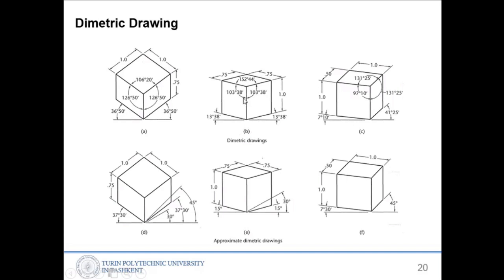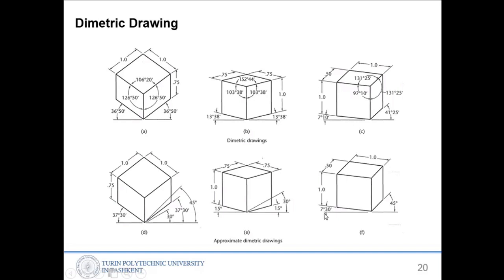So this is an example of the dimetric drawings, with 2 sides equal. You can make it differently, like 45 degrees here, but here it is shown differently as 7 degrees and 30 minutes.